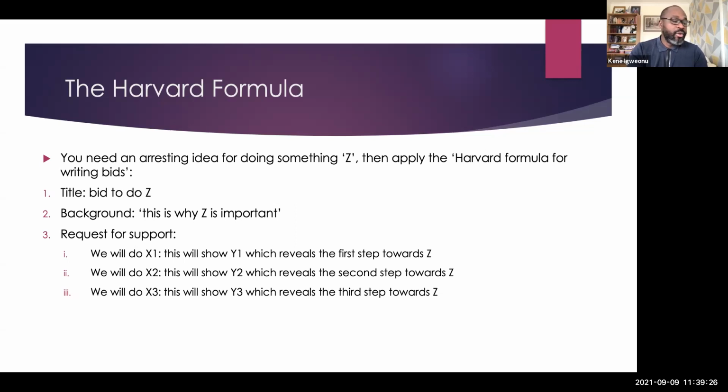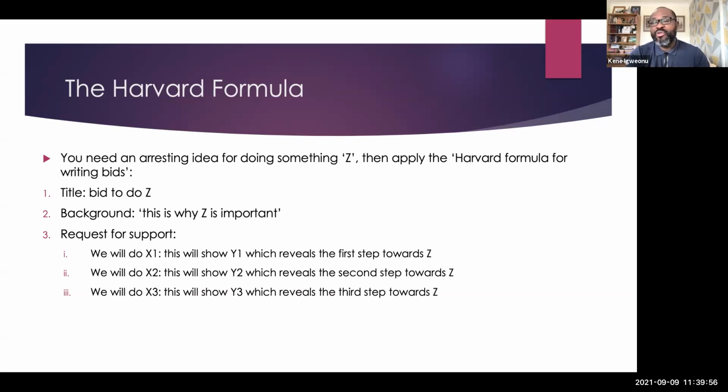There you're saying I will do X1, and this will show Y1, which reveals the first step towards Z. Remember, Z is the impact that you're trying to create. Then again, X2, we do Y2, which reveals the next step to Z, and the same with X3, which shows Y3, which reveals the third step to Z. This is how you list that out.